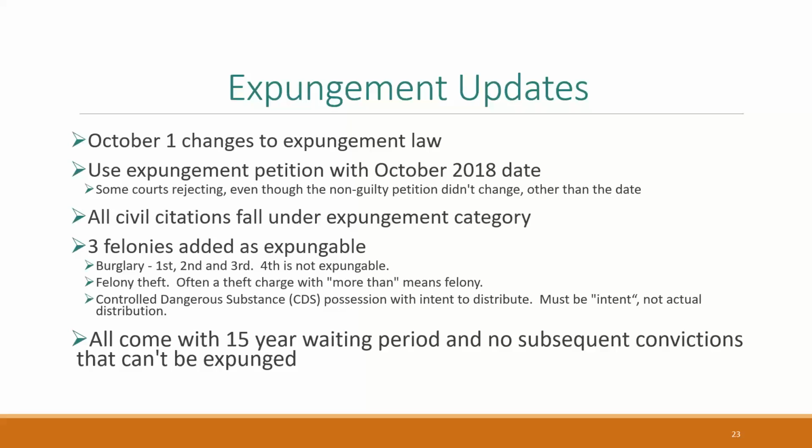Make sure that you're using the most recent form, which can be found on the court's website and which is also part of our MD expungement web tool. There was some clarification to the law to state that civil citations fall under the same analysis as crimes do when you're looking at what can or cannot be expunged.